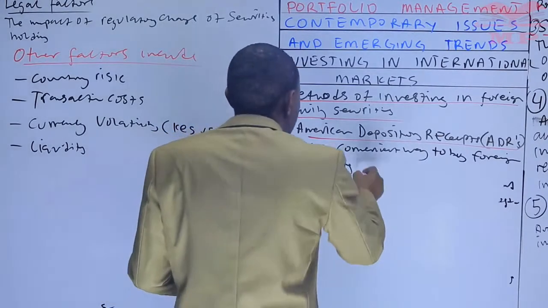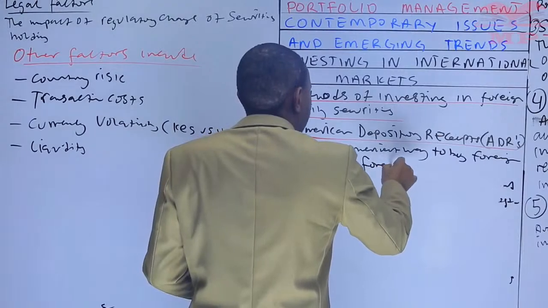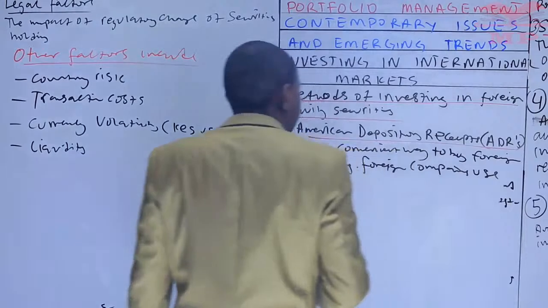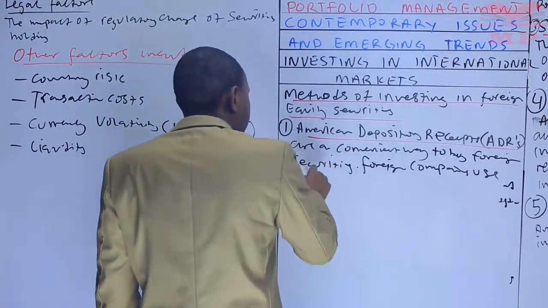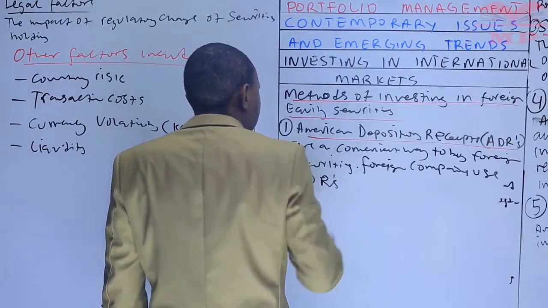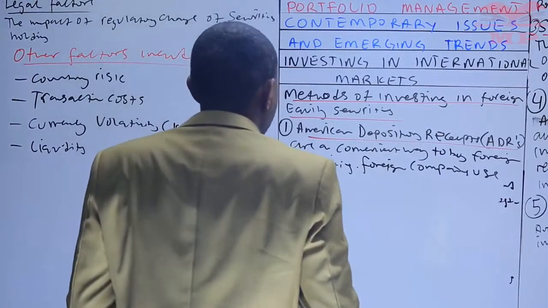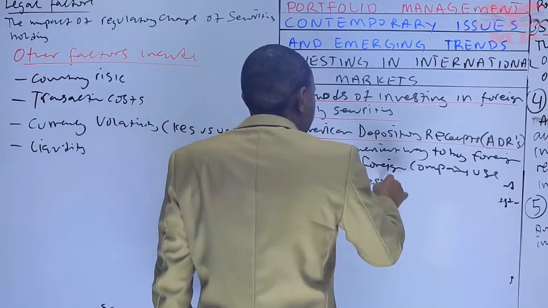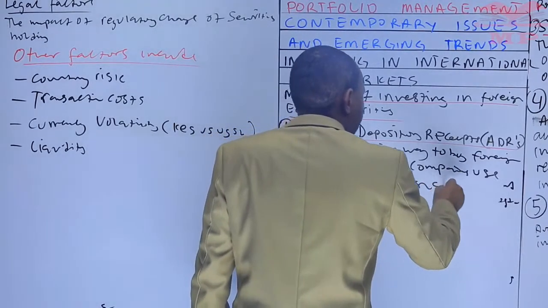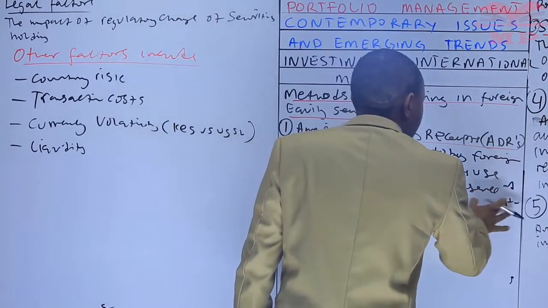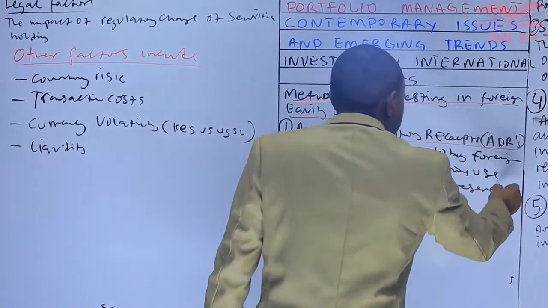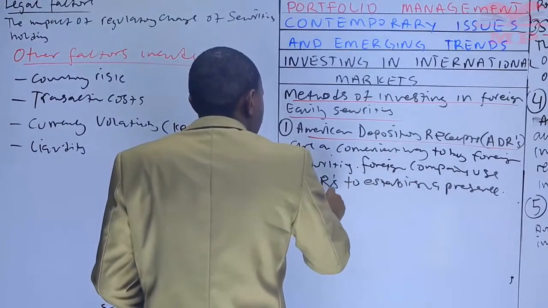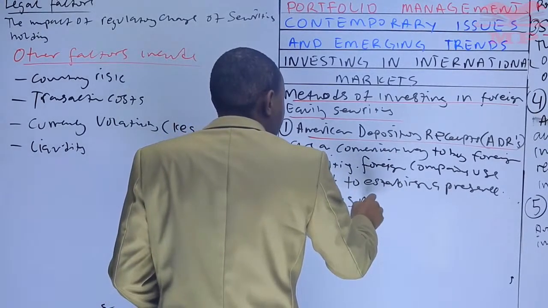Foreign companies use American depository receipts, or ADRs, to establish a presence in the US markets.